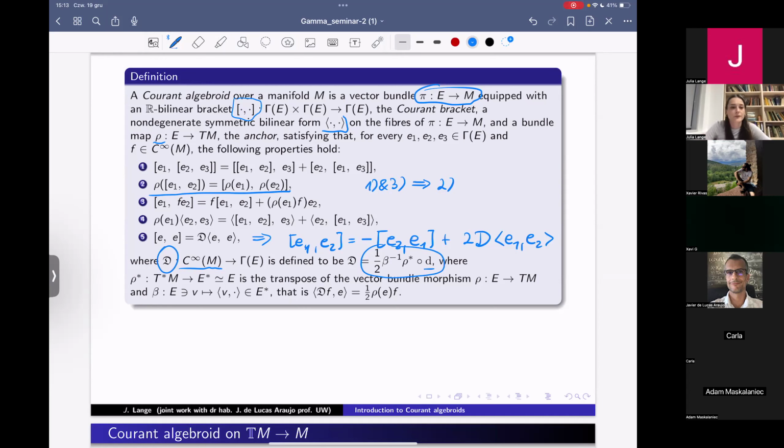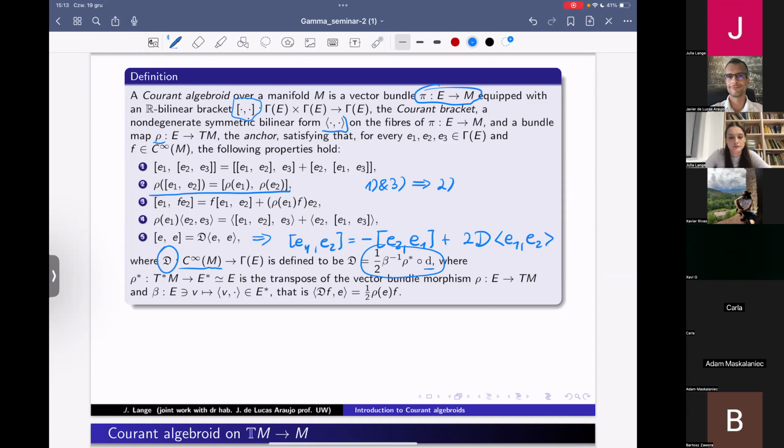It's even simpler than that, because if the bracket were antisymmetric in 5, the left-hand side would always be 0. But when you take the bracket of a section with itself, the result will be different from 0 in general. In other words, if this derivation map D equals 0, then we are dealing with a skew-symmetric bracket. It turns out that if D is 0, then this Courant algebroid becomes the Lie algebroid which I mentioned before.